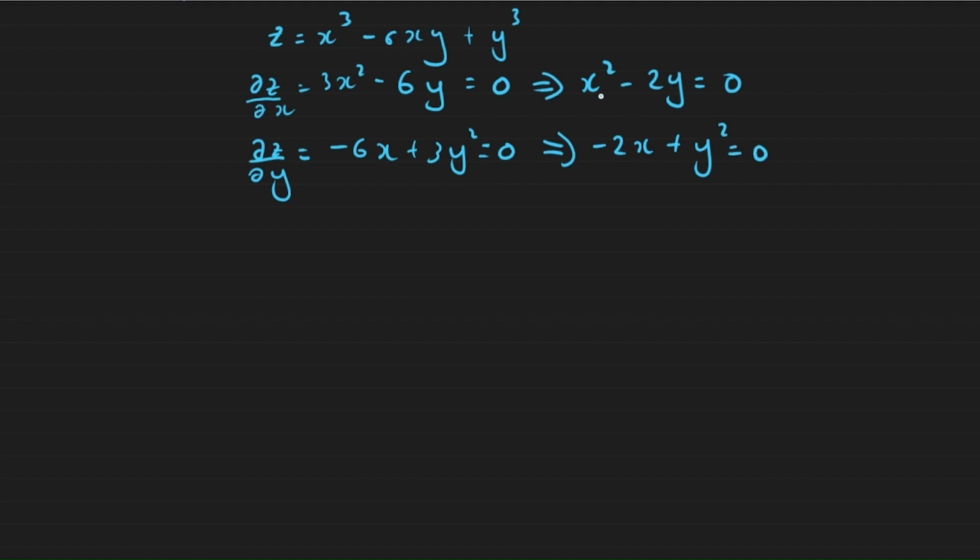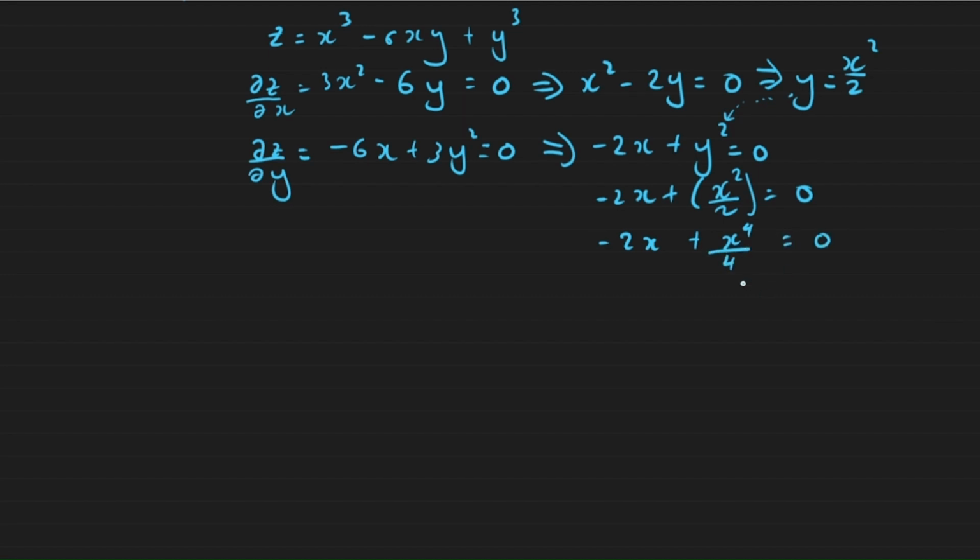We can make y the subject of the formula in the first equation, and that will give us y is equal to x squared over 2. We can then substitute that in. We have minus 2x plus (x squared over 2) squared equal to 0. That will give us minus 2x plus x to the power 4 over 4 equals 0.